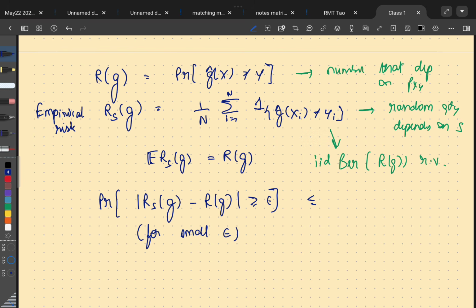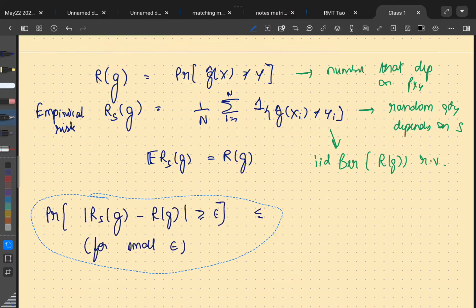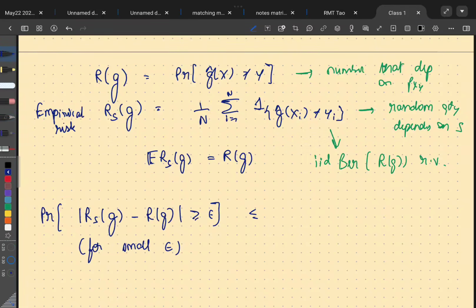Firstly, just to make our lives a little bit easier, I claim that this quantity is less than or equal to the probability that R_S of g minus R of g is greater than or equal to epsilon times R of g.